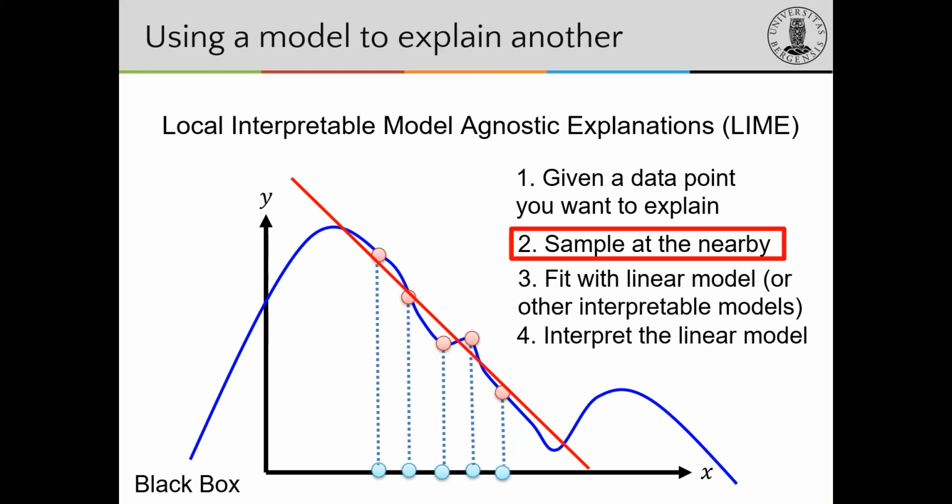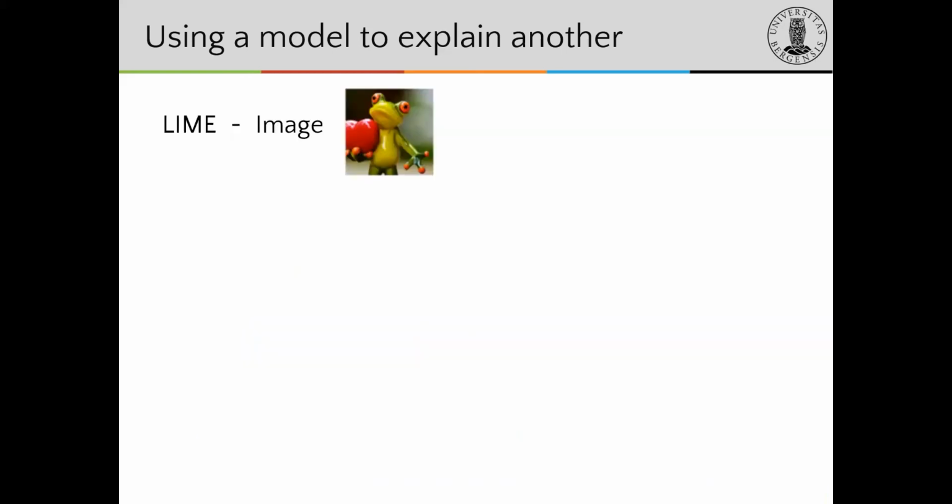Yeah. And next, I will use an image classification example based on the LIME algorithm I introduced before to illustrate the results. And this network is for the fraud classification. In the beginning, we want to choose data points we want to explain, right, the first step. And the data point here is the image. It is the fraud image.